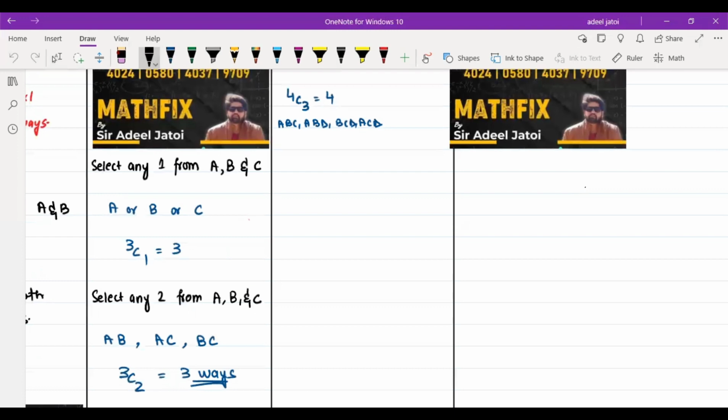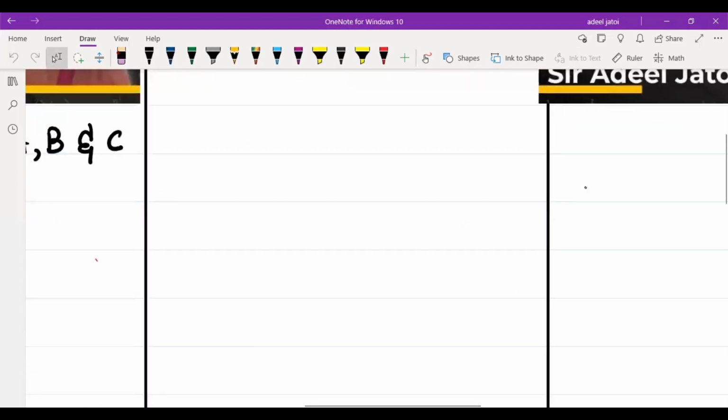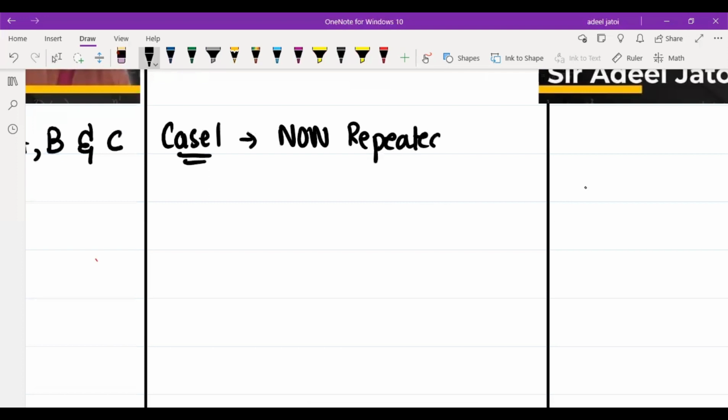Now, case number 1, non-repeated alphabets.